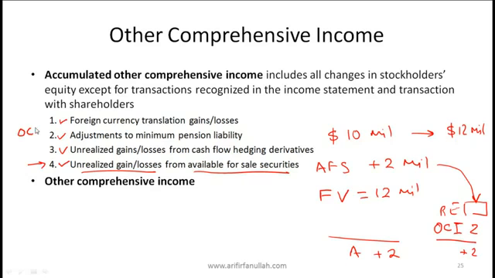So what's the distinction between accumulated other comprehensive income and other comprehensive income? The other comprehensive income is your OCI for a given year. So in our example, let's say that this is the only other comprehensive income, that's 2 million. And then next year, let's say other comprehensive income is 3 million. Then we can say that the accumulated other comprehensive income is 5 million.